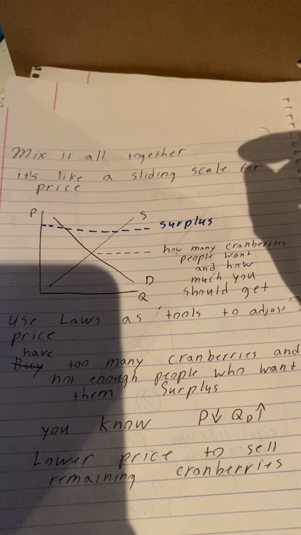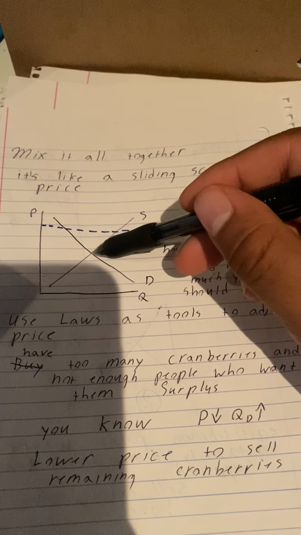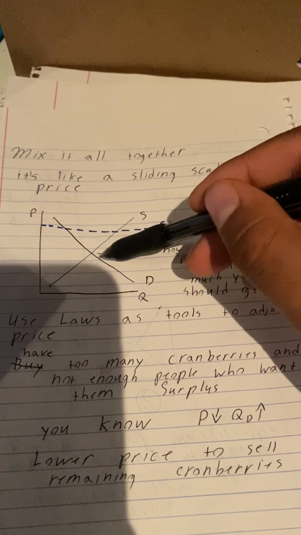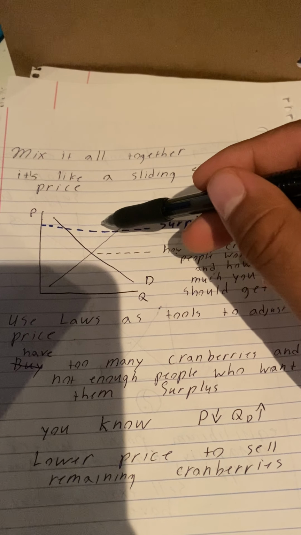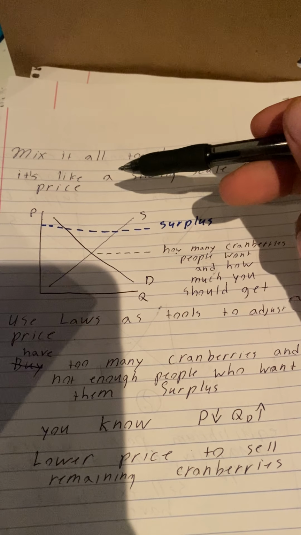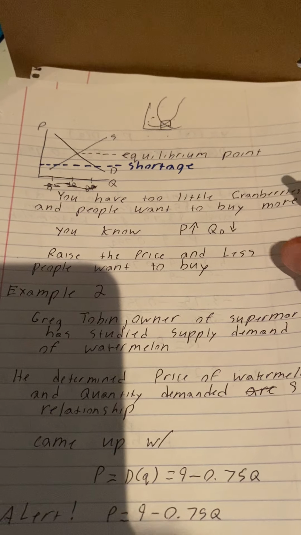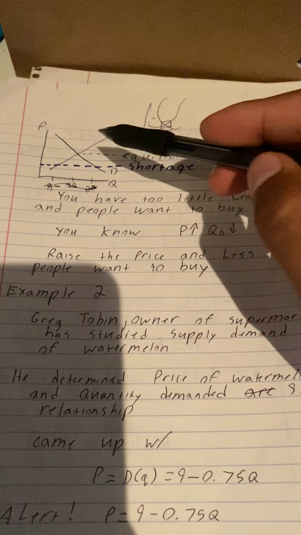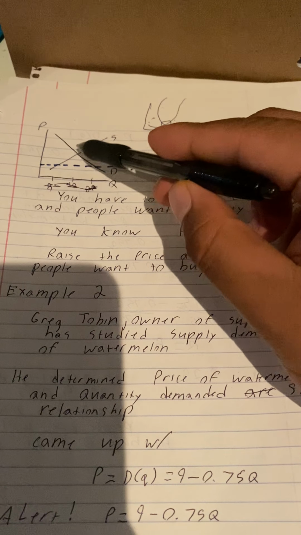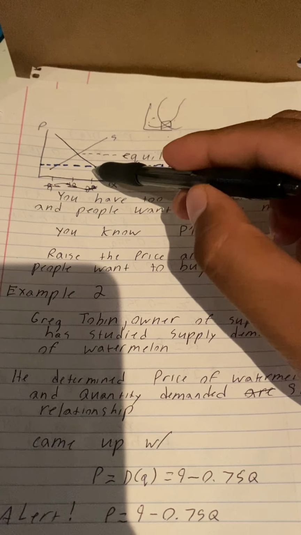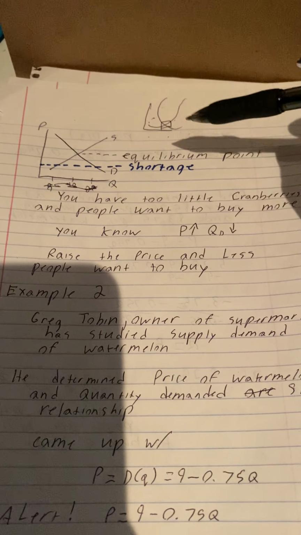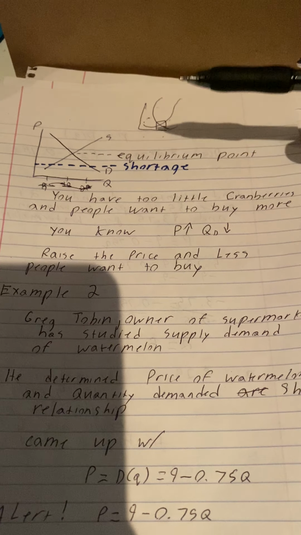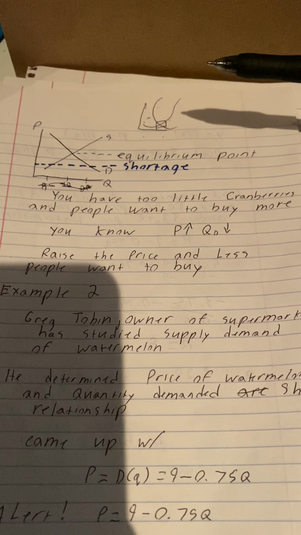The opposite is true as well. Just like with the points, if you go higher than the equilibrium point, you're at a surplus. You're supplying more than people want. The opposite is true as well. If you're below the equilibrium point, then you're not supplying as much as people want to buy.